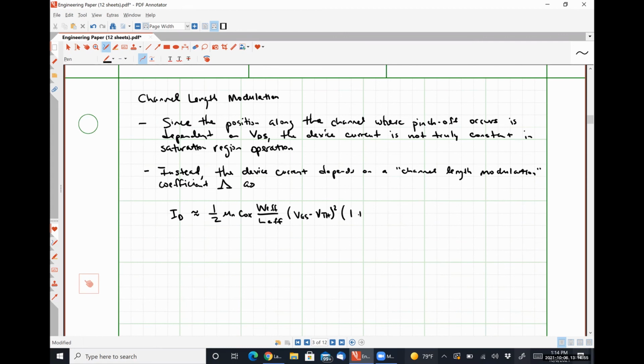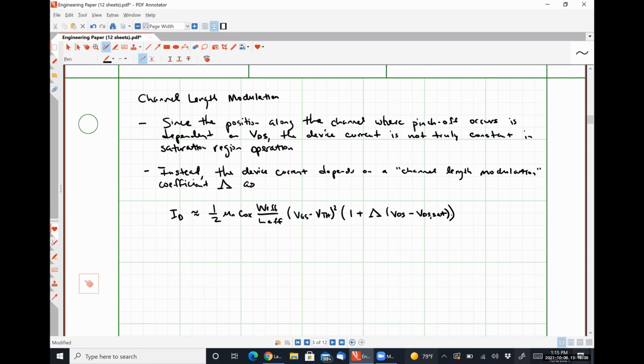And then we have this extra term of 1 plus lambda VDS minus, our textbook uses the quantity VDS minus VDS saturation. Some other textbooks throw away this term right here because it's typically a pretty small voltage. So this guy is usually on the order of 1/4 of a volt-ish. It just makes our function more continuous looking, so there's not an abrupt shift in the current level, okay?